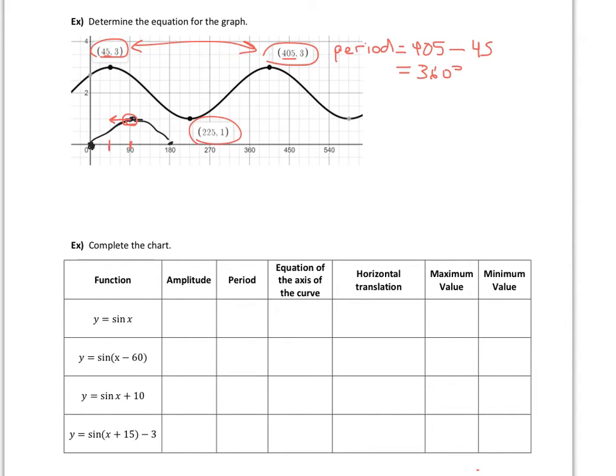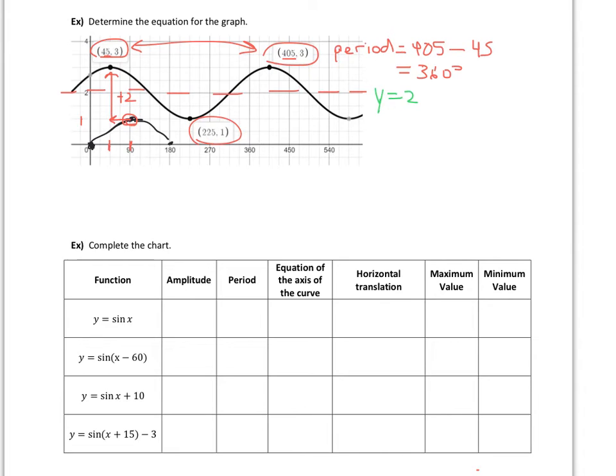If this is 90, half of that would be 45. So it looks like it's moved left 45, and it was at 1 for the max, but now it's at 3, so it's gone up 2. So my axis of the curve is here at y equals 2 instead of y equals 0. So my axis of the curve is y equals 2.